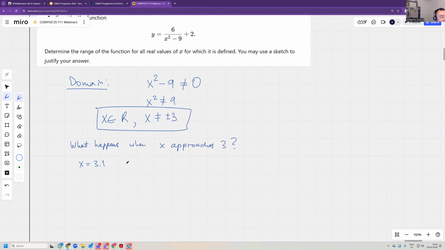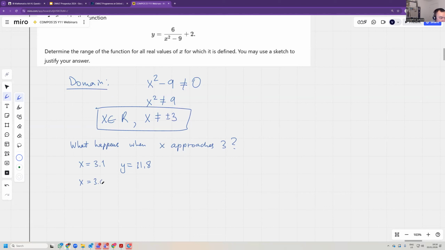Then you have a very small positive number on the bottom. You can use a calculator: 6 divided by 3.1 squared minus 9, plus 2. And y is 11.8.